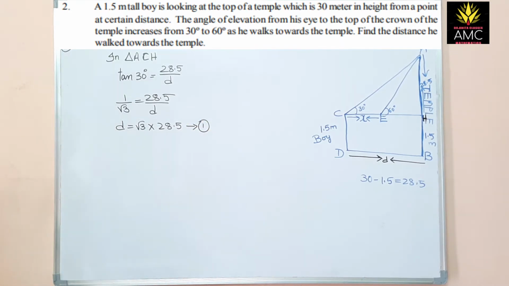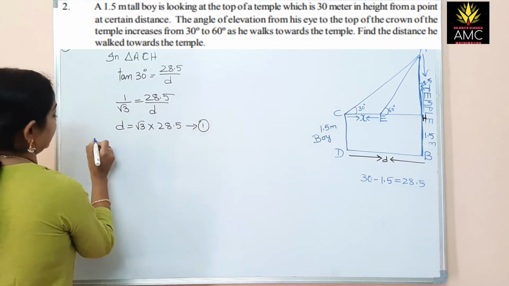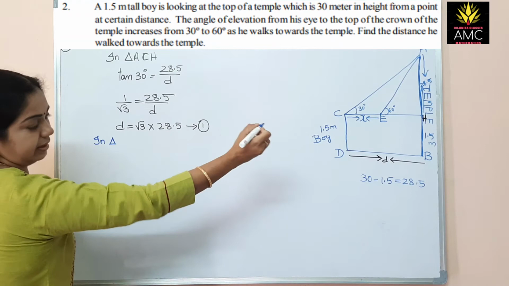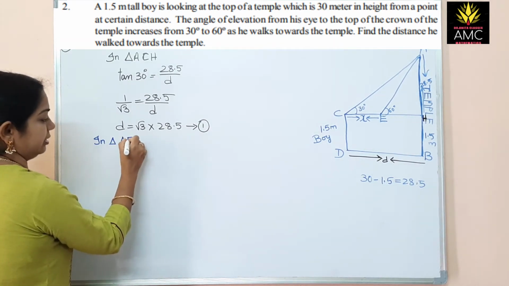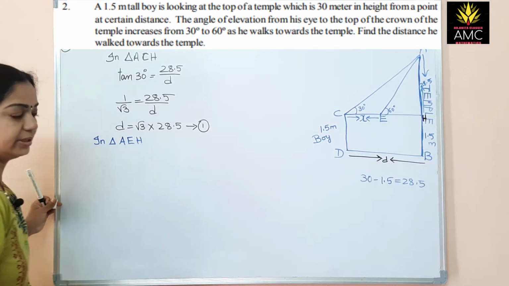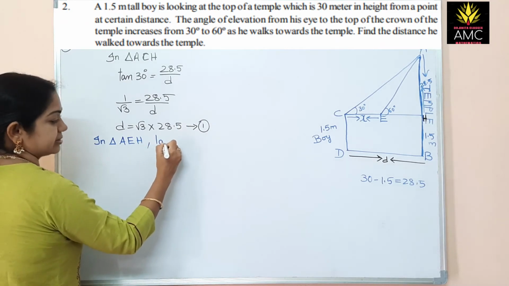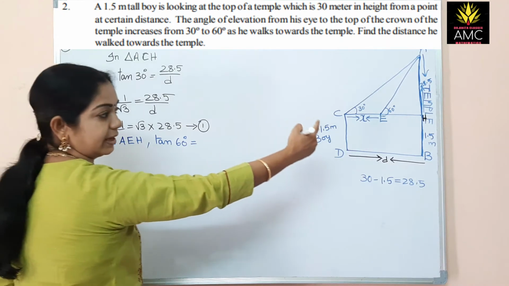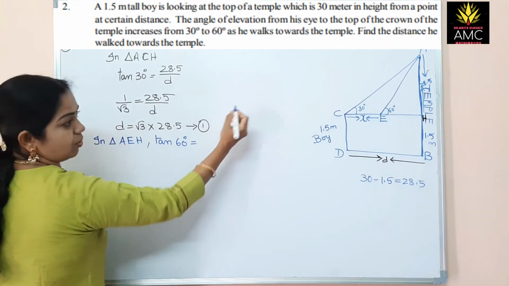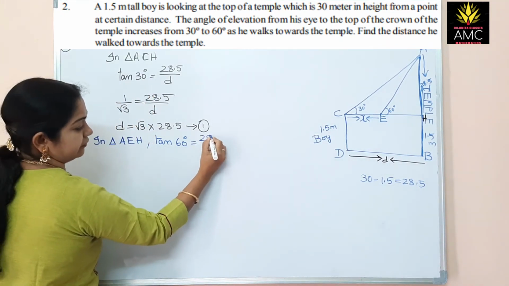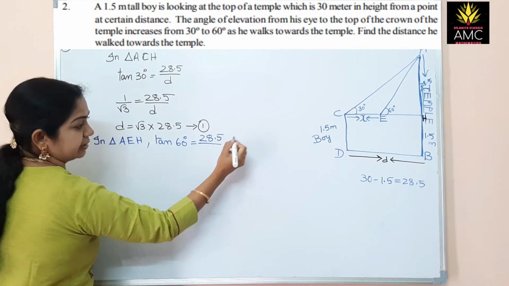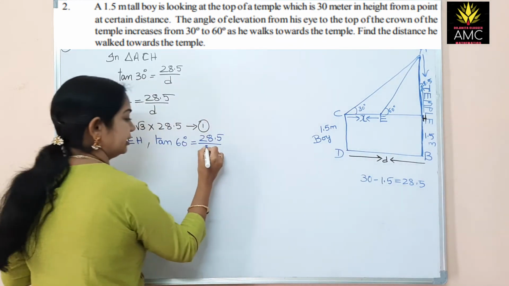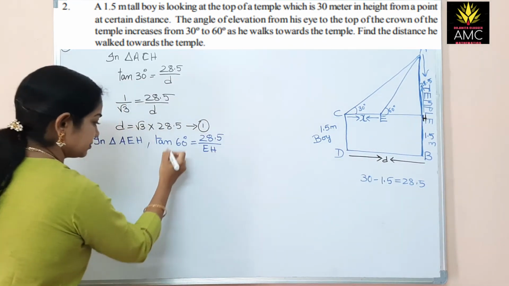Now let's take the other triangle, AEH. Here tan 60 degrees is the opposite by the adjacent, so opposite is 28.5 by the adjacent EH.